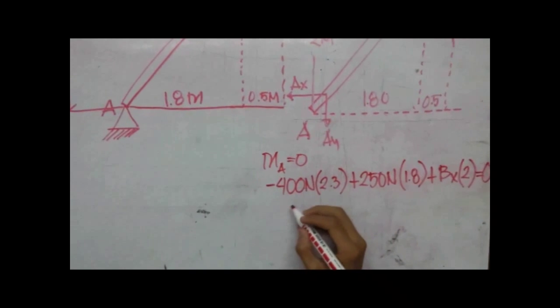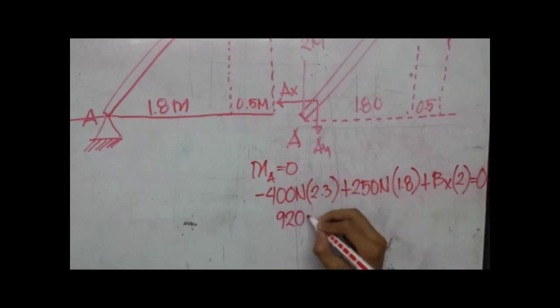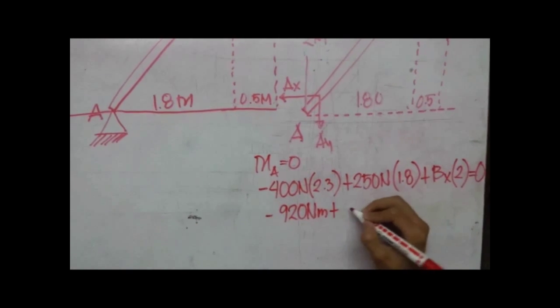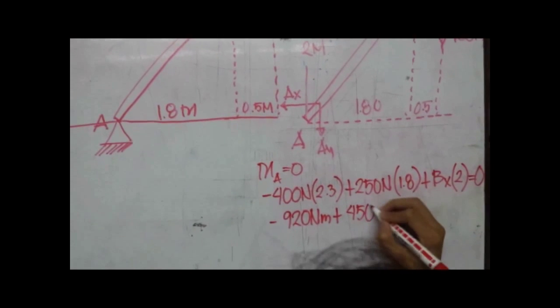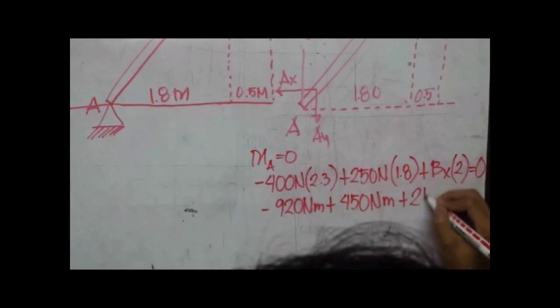Simplifying, we have 400 times 2.3 is equal to negative 920 Newton meters, plus 450 Newton meters, plus 2Bx.